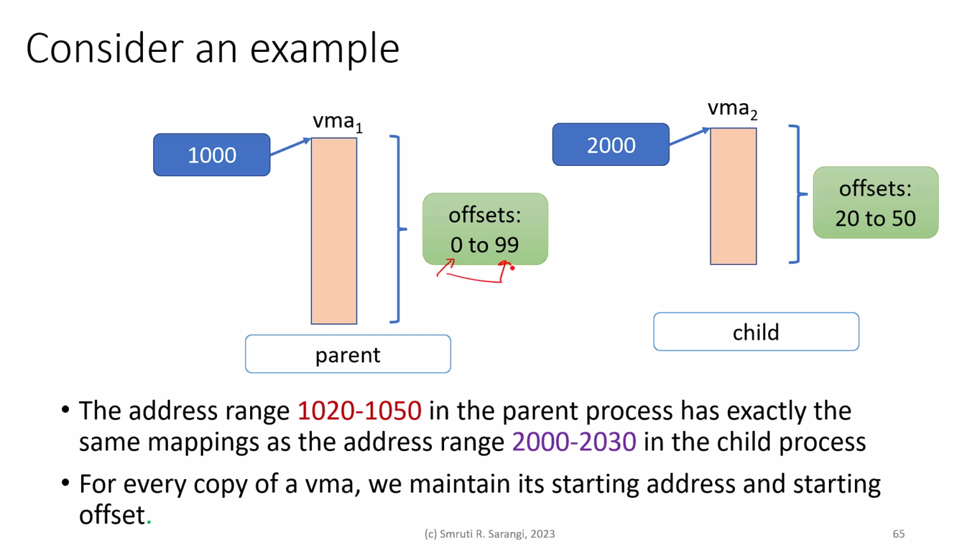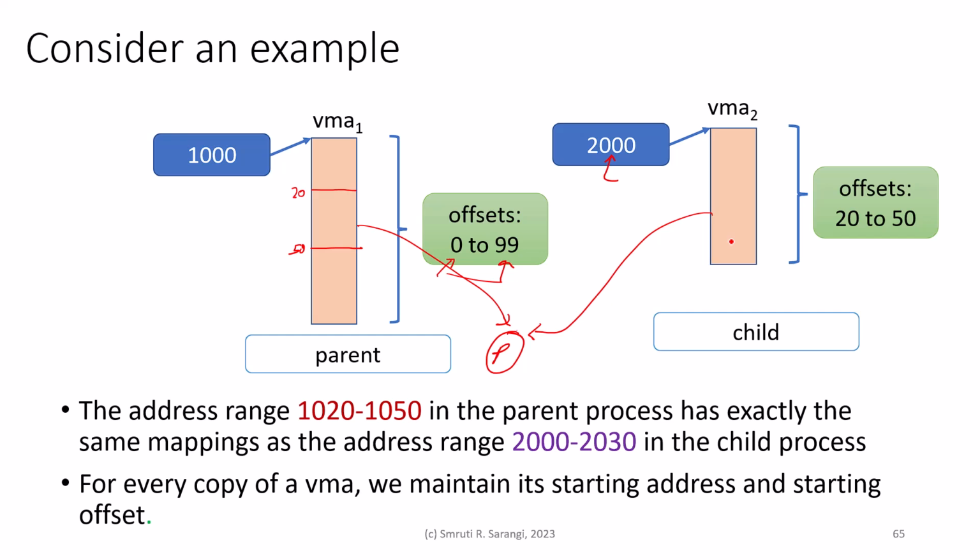Now assume that this VMA was copied to a child process, but the child decides to, let's say, move it, shift it to the starting address 2000 and store the offsets from 20 to 50, which means that the virtual addresses in this range are actually stored, and they very well may be mapping to the same physical pages, in the sense this mapping here, this mapping here, right? Same physical page, this is possible. But clearly the entire virtual address space in this VMA is not being used in the child VMA, which is VMA2.